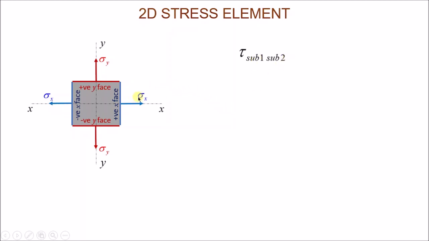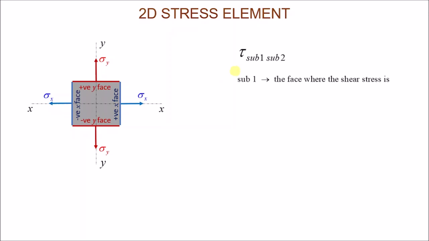You can see with the normal stress we only have one subscript. It's either x or y, okay? But with the shear stress you will have two subscripts, okay? One will be x, the other will be y, or maybe it may start with y and then x after. So it's really important to understand how we label these, and this is what I am going to explain to you, okay? So the first subscript is the one that will refer to the face where the shear stress is, okay?